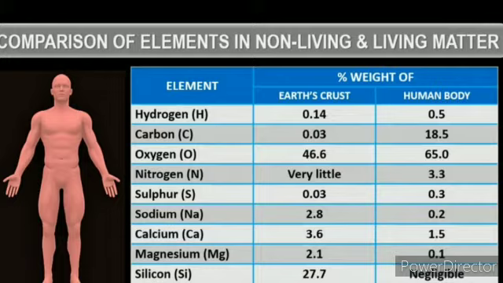The chart shows the elements, the percentage of the weight of earth crust and the percentage present in the human body: hydrogen, carbon, oxygen, nitrogen, sulfur, sodium, calcium, magnesium and silicon. Next, watch what components are present in the living tissue: sodium, potassium, calcium, magnesium, water and other compounds. See in the chart.